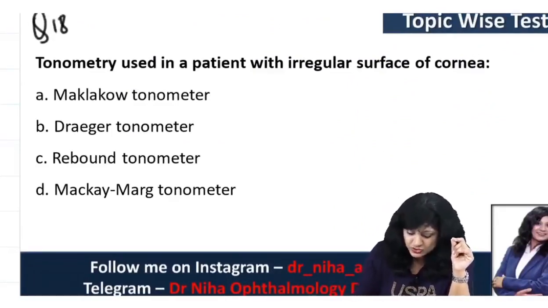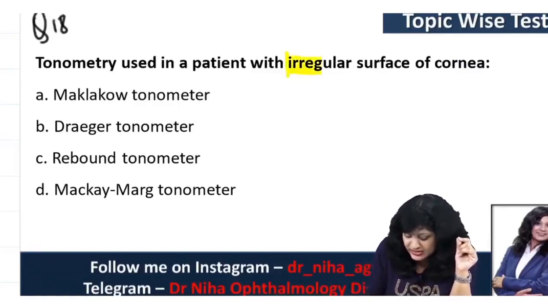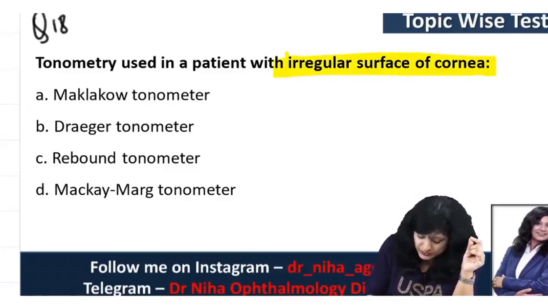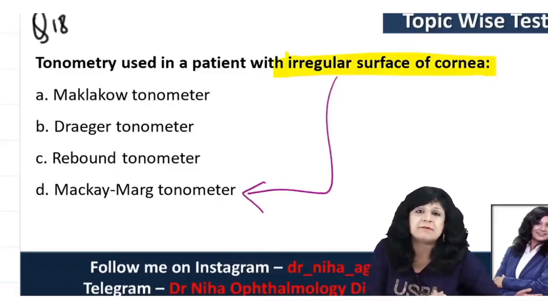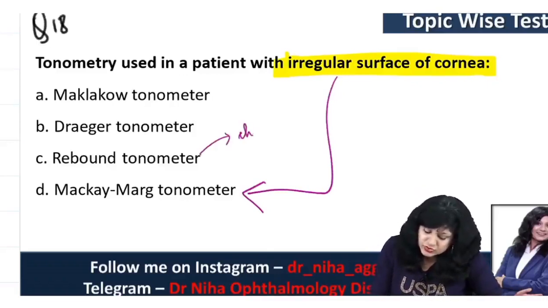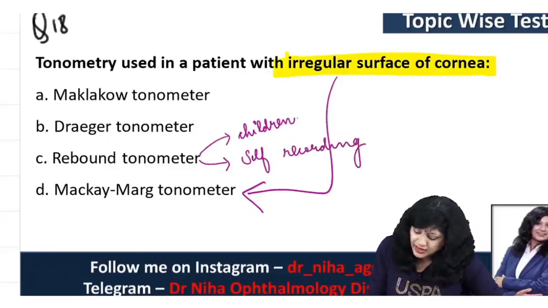Okay. Question number 18. Tonometry, which is used in a patient with the irregular surface of the cornea. So this question where you are required to do the tonometry with the irregular surface of the cornea. This is actually the tonometer called the Mackay-Marg tonometer. Rebound tonometer is actually used in the children. This is mainly used in the children or for self-recording, and no anesthesia is actually required here.